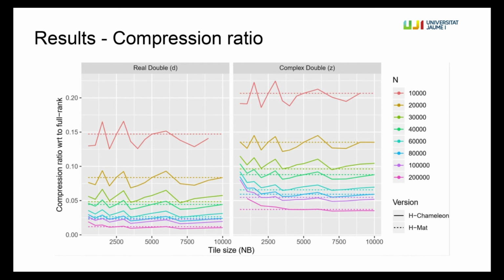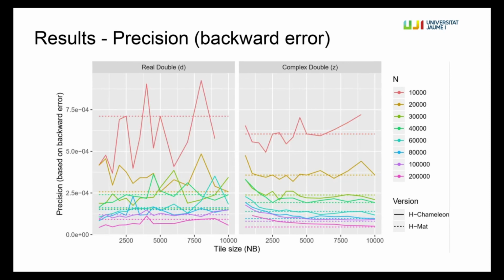It's observable that the compression ratio is very similar for all the dimensions we tested. So we can say H-Chameleon compresses more or less to the same degree HMat does. The same is applicable for the precision. Here in these plots we can see that the differences are less than 1 order in all the cases, so we can say that the accuracy we can get with H-Chameleon is more or less the same we can obtain with HMat.